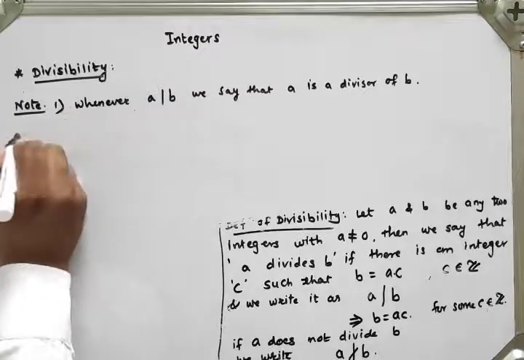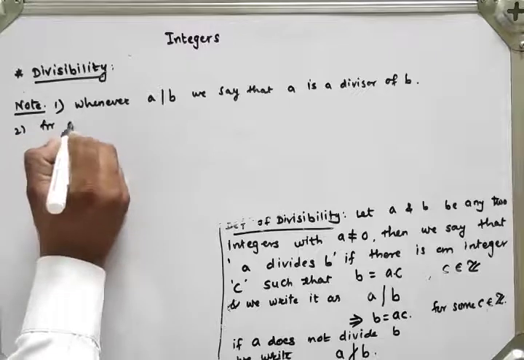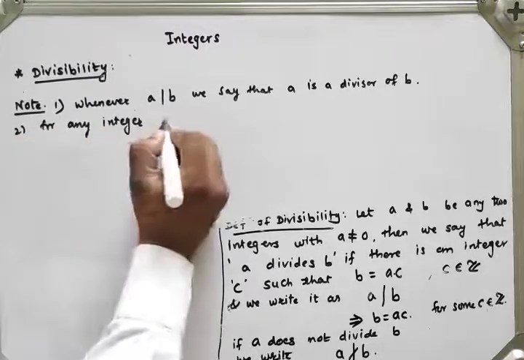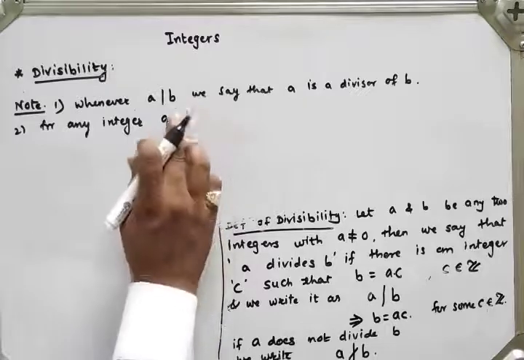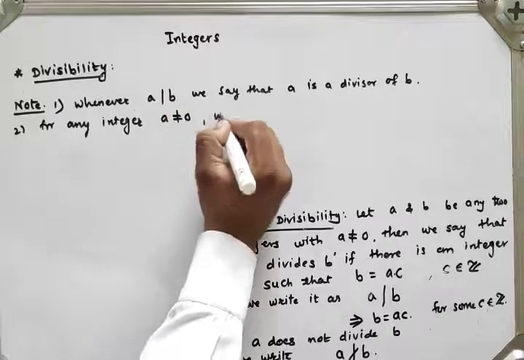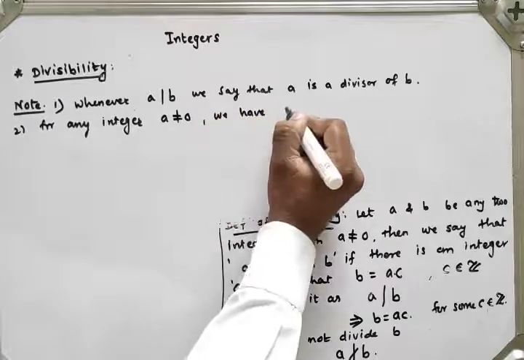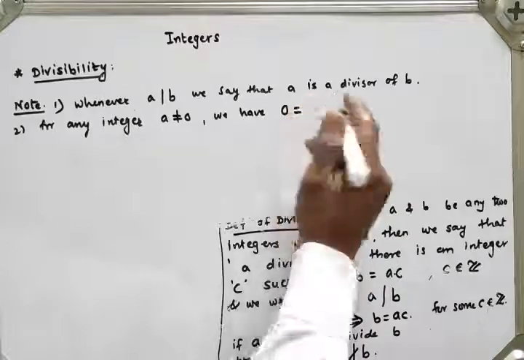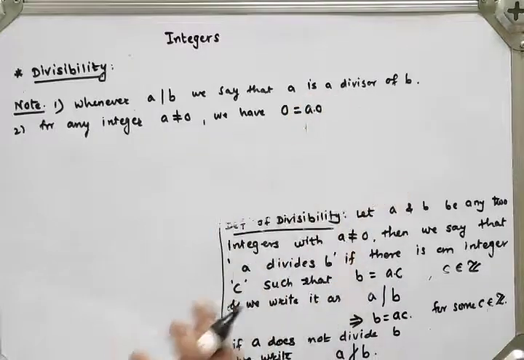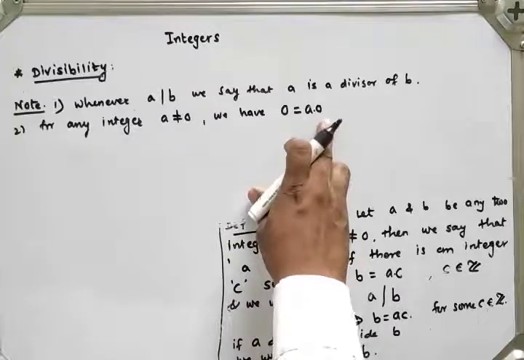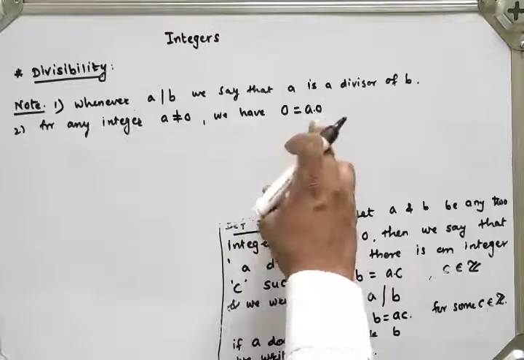Second, for any integer a not equal to 0, we have 0 can be written as a into 0. A is non-zero, so 0 can be expressed as a non-zero number times 0, which is again 0.